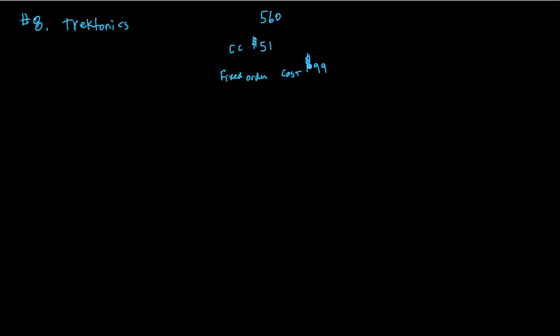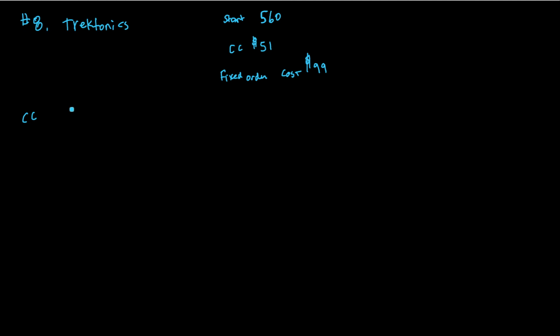The first thing we need to do, obviously, is figure out what are the carrying costs, right? And that's pretty easy for us to do. We know we have 560, right? That's what we start with for the units, and then we reorder these, okay?